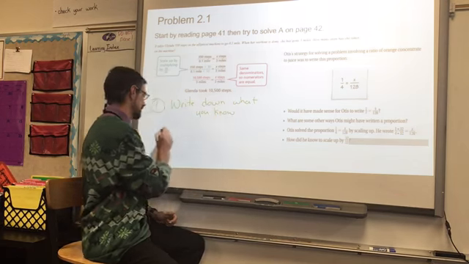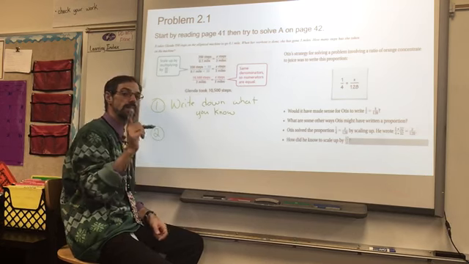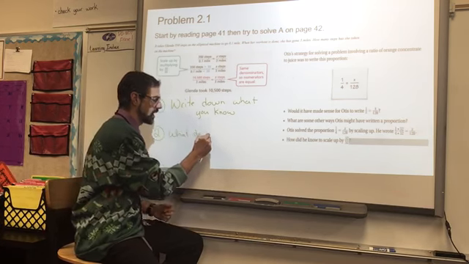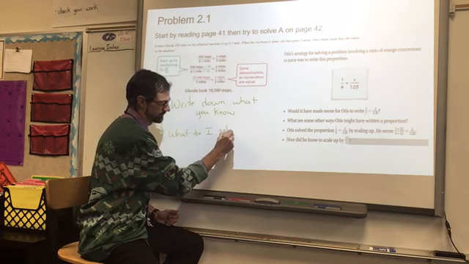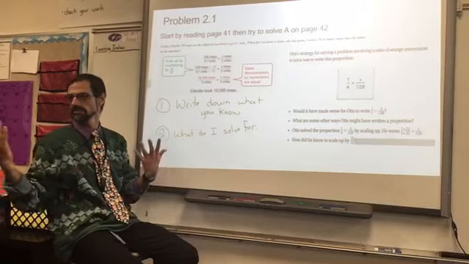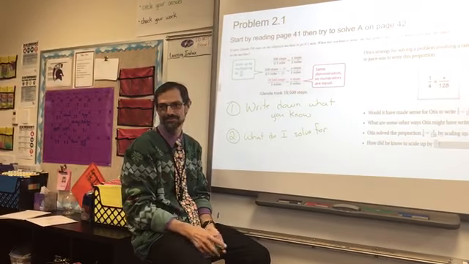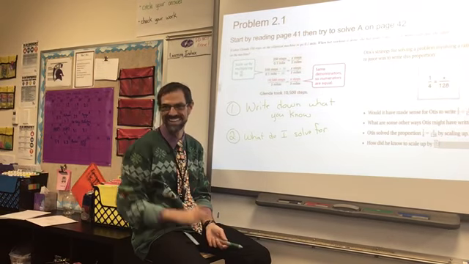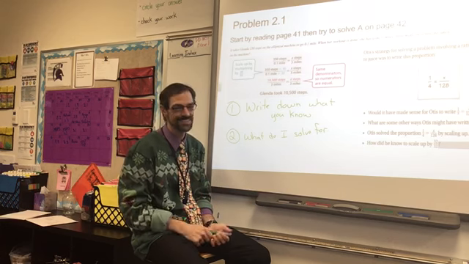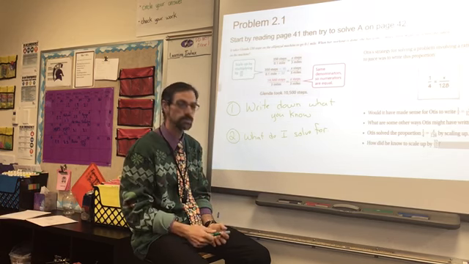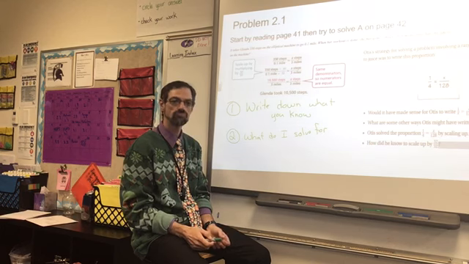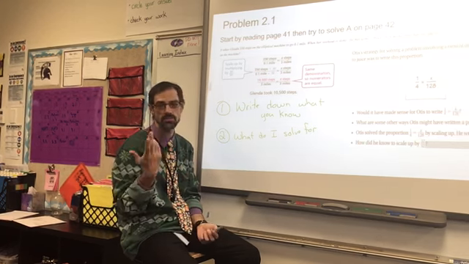When you're done with that, go to 2: what do I solve for? And then 3, do the math. Do we solve the problem right here? Yeah, right on that or on the back like we always do.